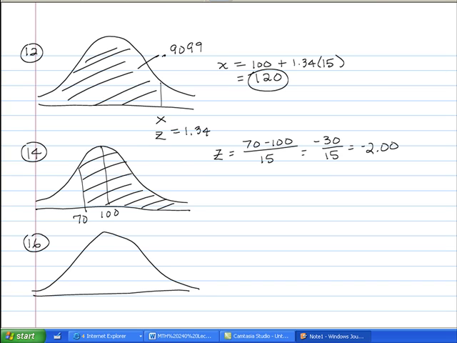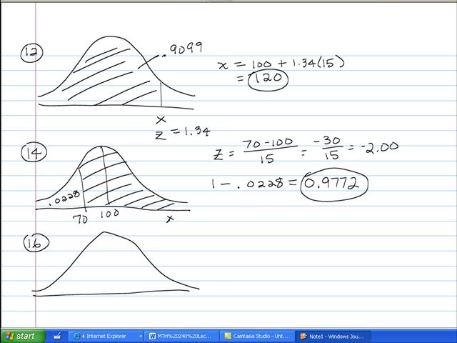So we need to take 1 minus 0.0228 to find the area we need, which is to the right. 1 minus 0.0228 is 0.9772. Okay, so that takes care of that one.